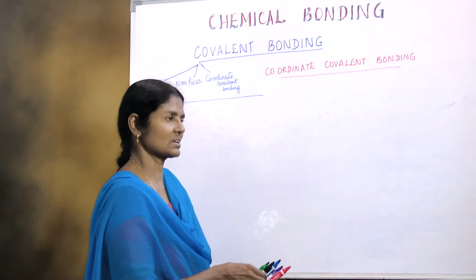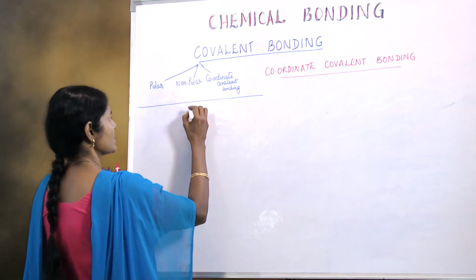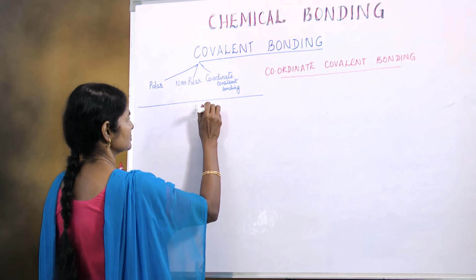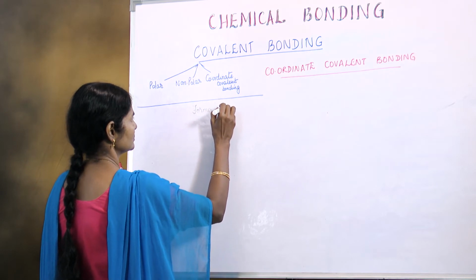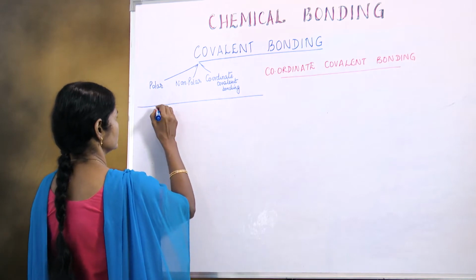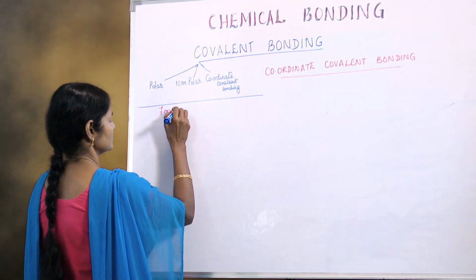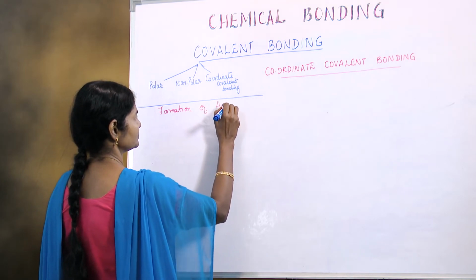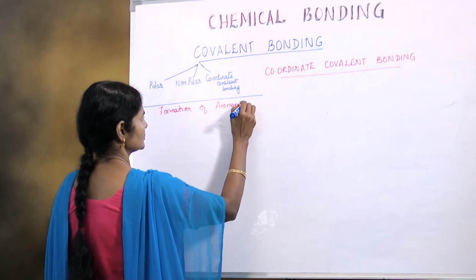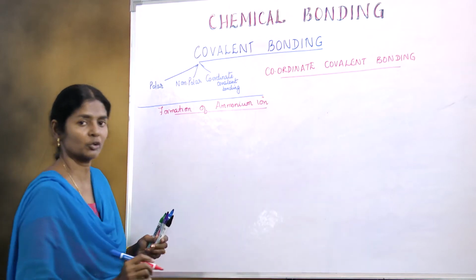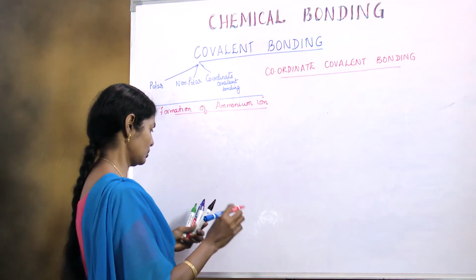Let's see this with three examples in fact. One is the formation of the ammonium ion. This actually comes from ammonia. Ammonia is a polar covalent compound.